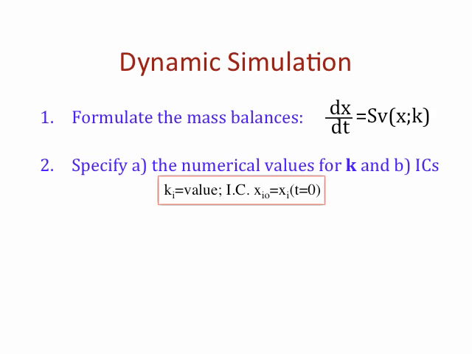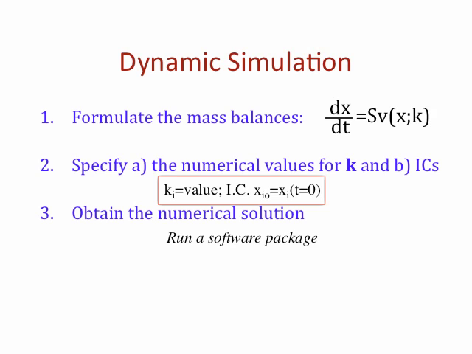In the introductory lecture, I actually formally broke this down into two different steps. Once you have the equations defined, the numerical values for the rate constants specified, and you've chosen your initial conditions, you can enter all that information into a software package that you then run, and it will generate the numerical solution for you.